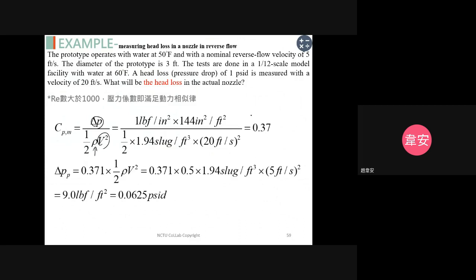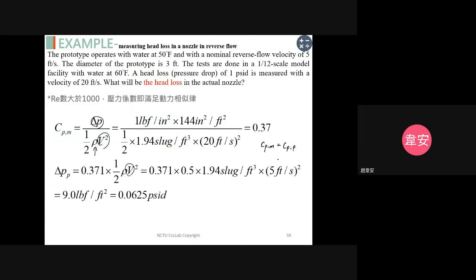So the pressure coefficient is equal to 0.37, and we know that the pressure coefficient in the model should be the same as the pressure coefficient in the prototype. And then we can compute the velocity, because the question already tells us the flow velocity is 5.